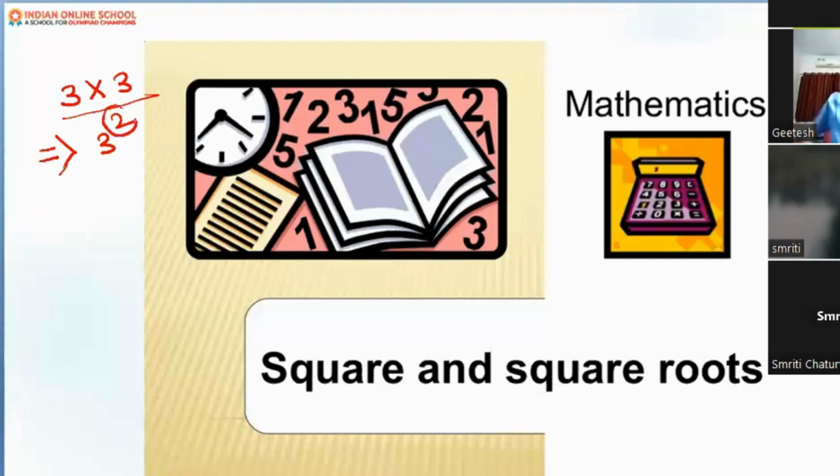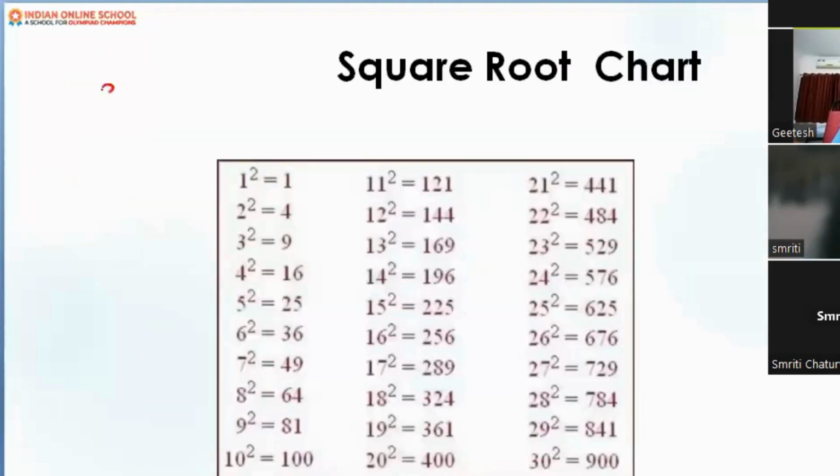So this power 2 is basically known as square. If I am multiplying any number by itself, that means I am finding the square of that particular number. Here, if I'm finding 3 square, that means 3 times 3, I am getting 9. Instead of writing 3 times 3, I can write 3 square as well.